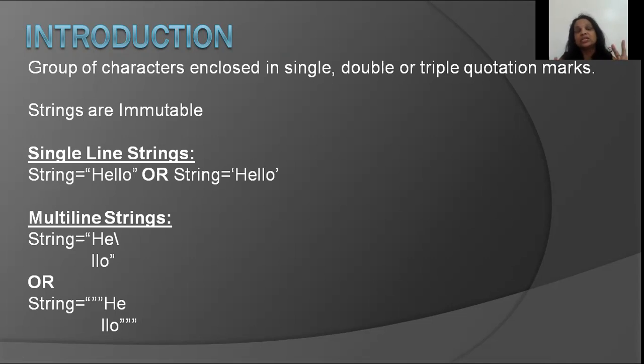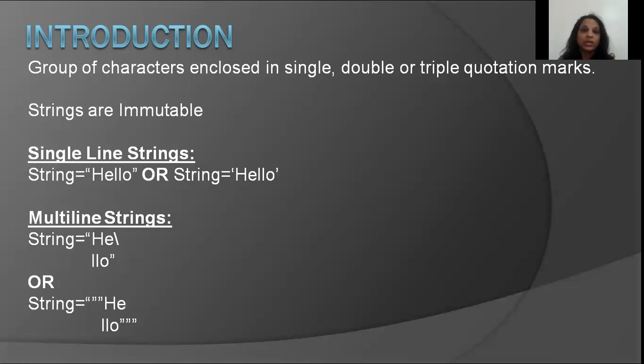But if you're not using the slash, and if you're using the enter key concept, then you'll have to enclose the string as shown here in triple quotes. When I say triple quotes, here I've shown you triple double quotation marks. It could be triple single quotation marks as well.